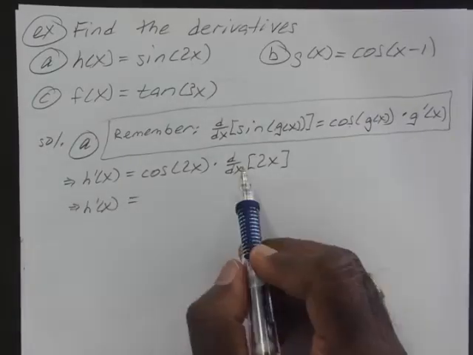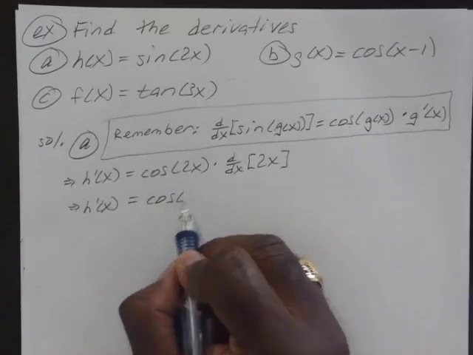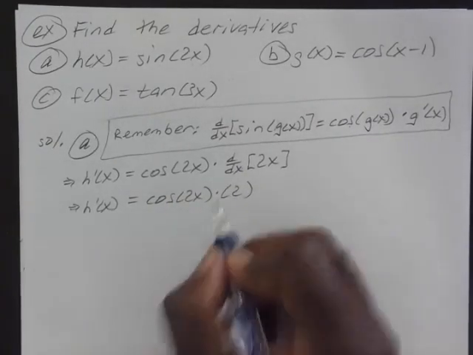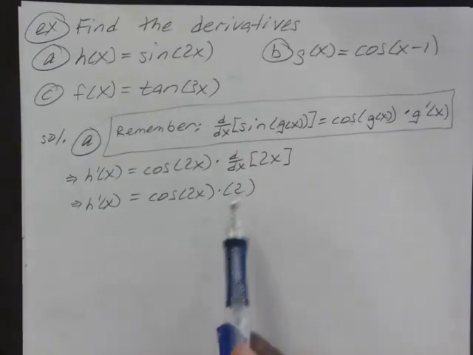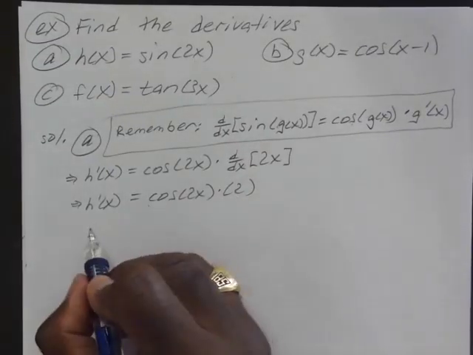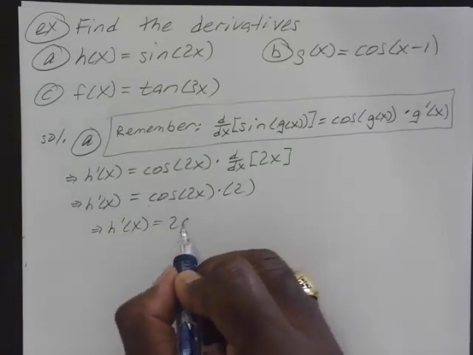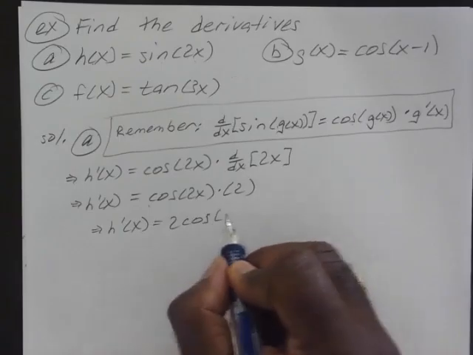So it's going to be cosine of 2x times 2. Or in most cases, you can just bring the 2 out to the front. That's 2 times cosine of 2x.